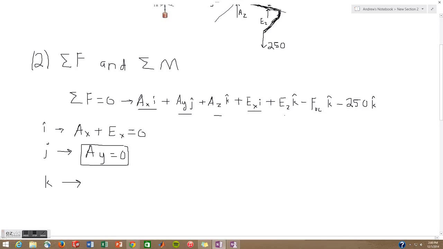So that means we know AY is going to be 0. That's one of the components for the ball and socket joint at A. Then for K, we just have the AZ, EZ, the force along the rod, and the hanging mass. Let's write that down real quick.